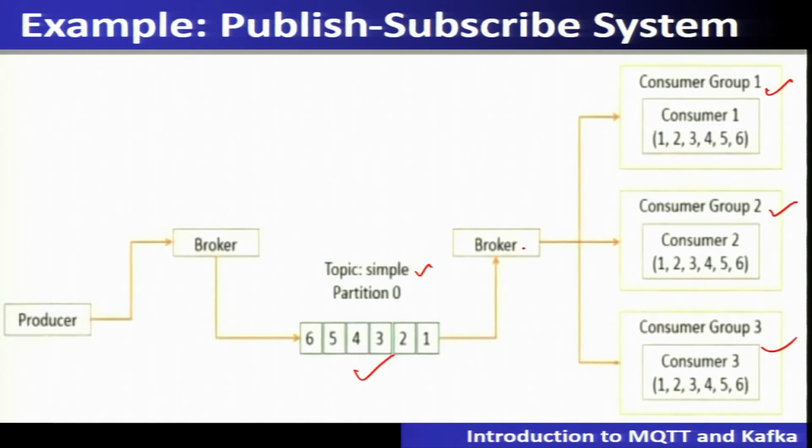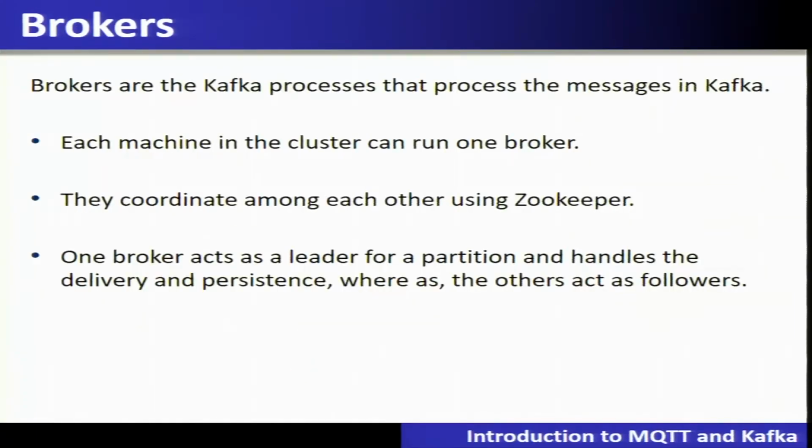Therefore, all the consumer groups will receive the entire partition messages, as shown. If a consumer group has more than one consumer, they will divide these messages. Any one of the consumers in a consumer group is good enough to receive these messages, and messages will not be given again.